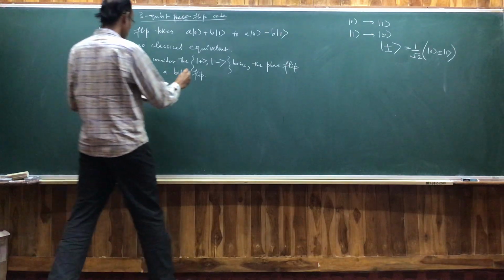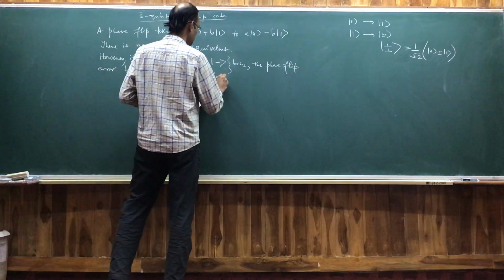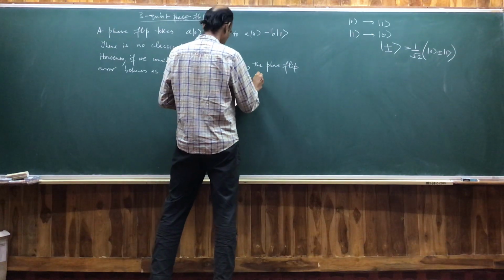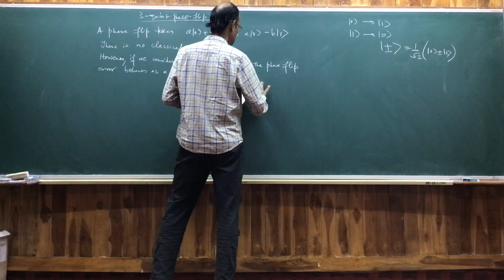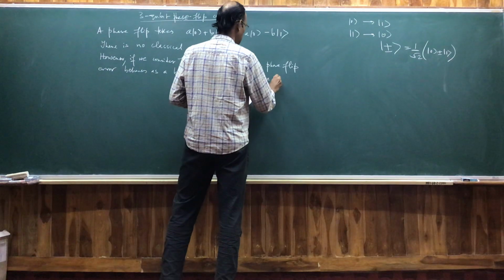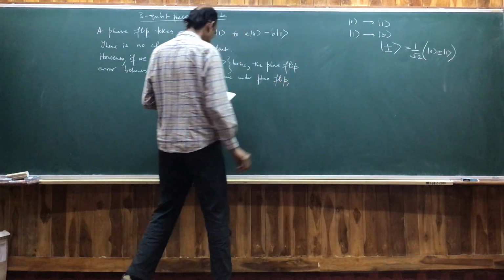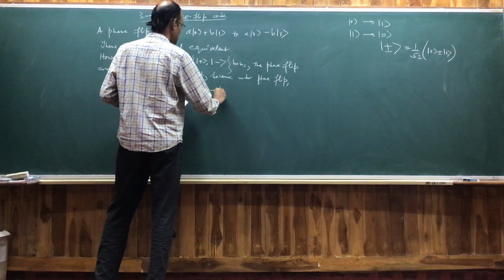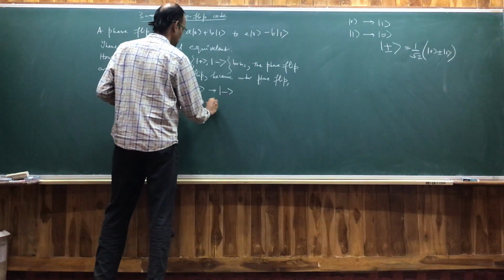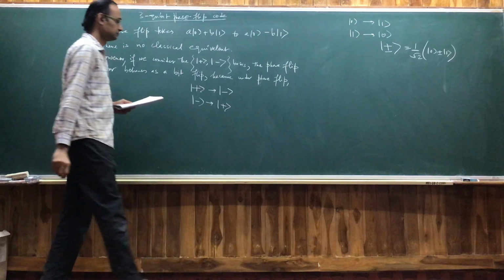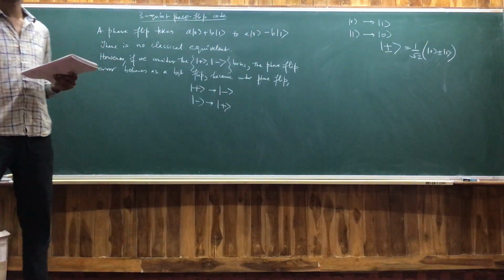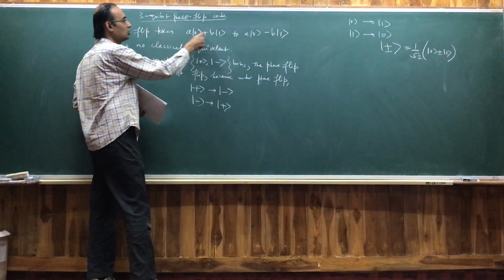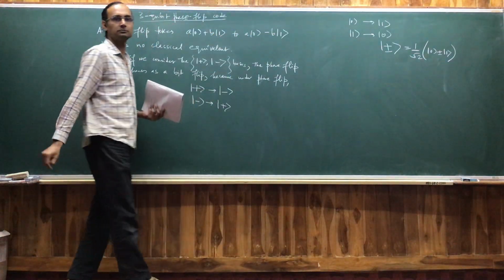Why? Because under phase flip, the plus goes to minus and the minus goes to plus. The phase flip is 0 goes to 0 and 1 goes to minus 1.